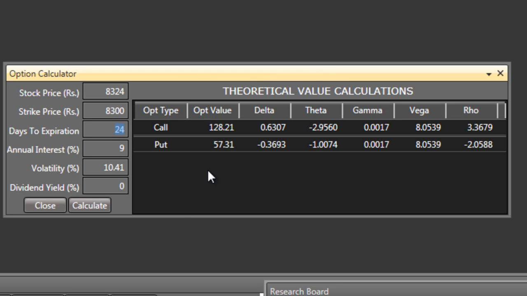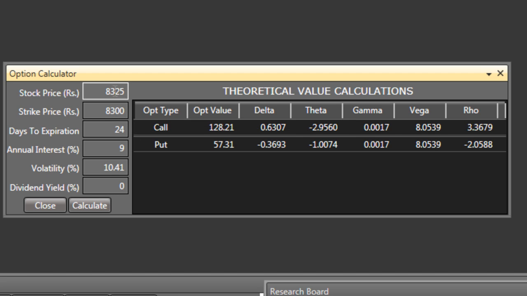So this is how you use the option calculator. Delta is the change in option premium with respect to the change in price. Here the delta is 0.63. If I change the underlying price from 24 to 25, as per the delta the option premium should increase by just 0.63.